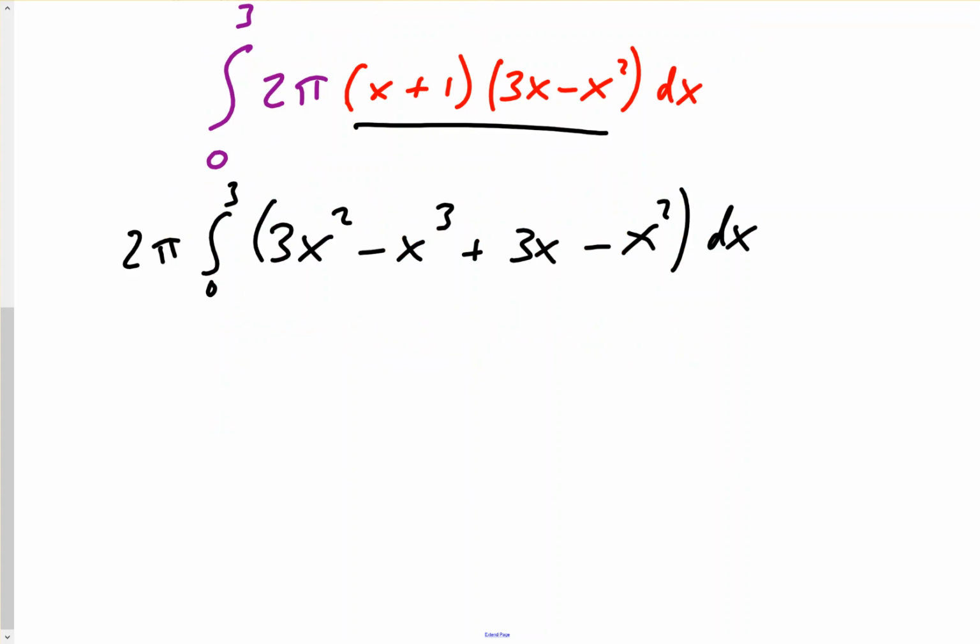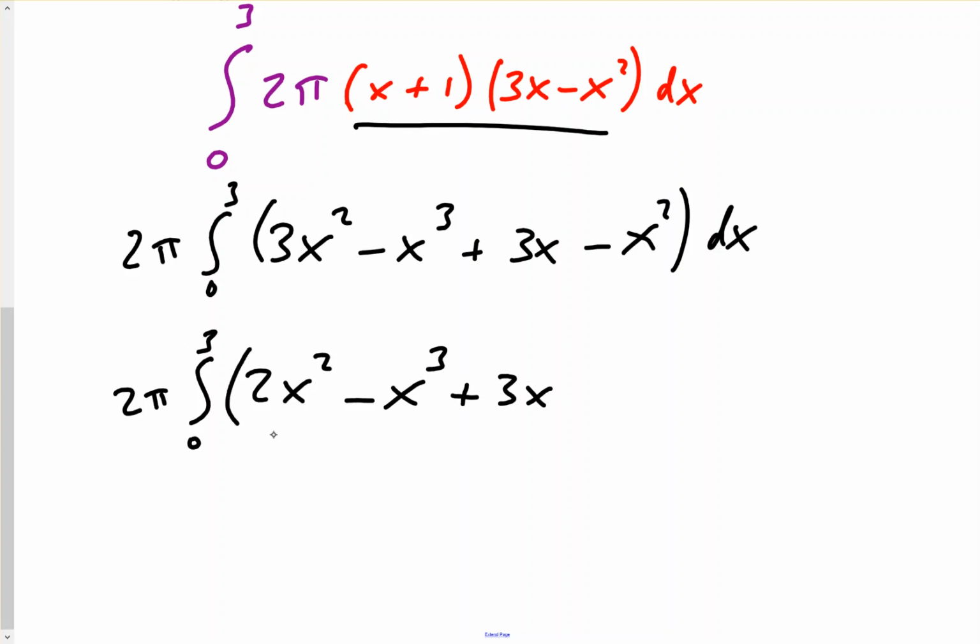Okay, so when we combine like terms, three x squared minus x squared, that would be 2x squared minus x cubed plus 3x. Okay, so now we could integrate this.